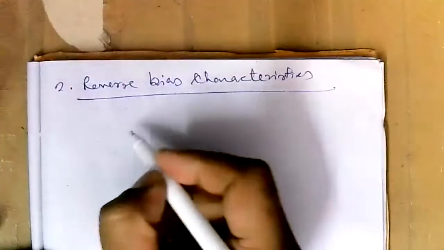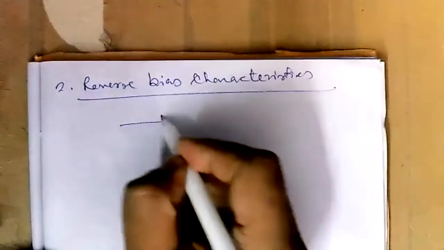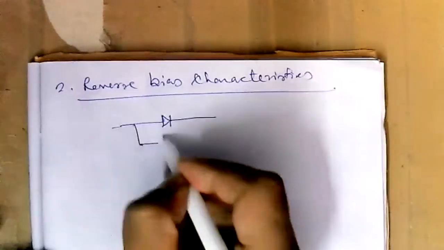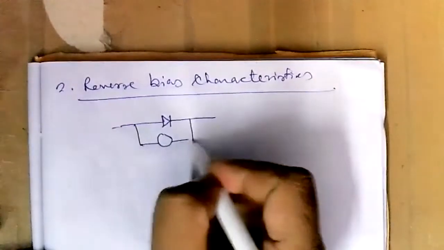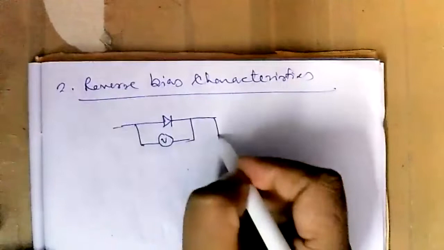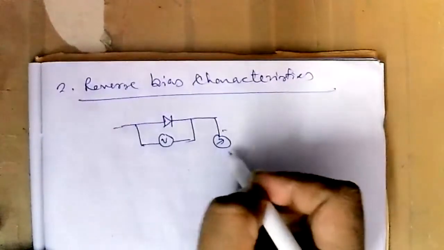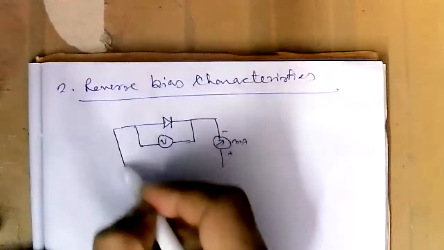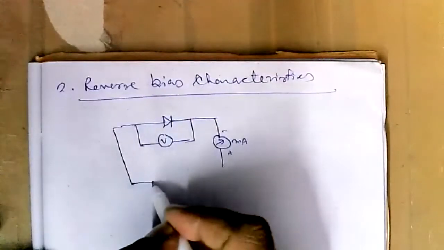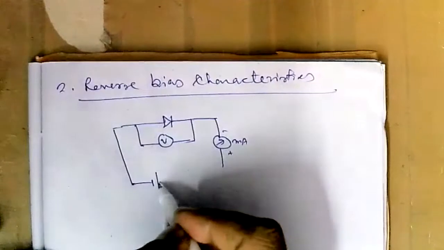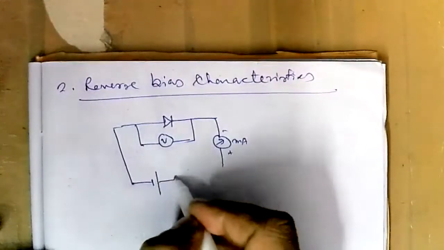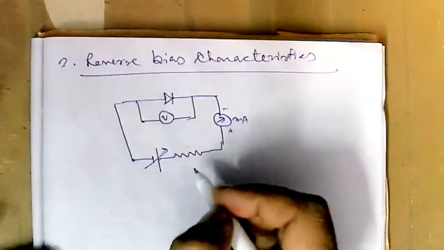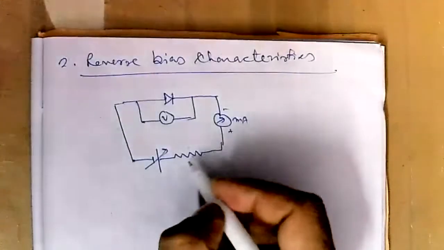For that, we will take a similar type of circuit. Here also, this battery or source is a variable source.